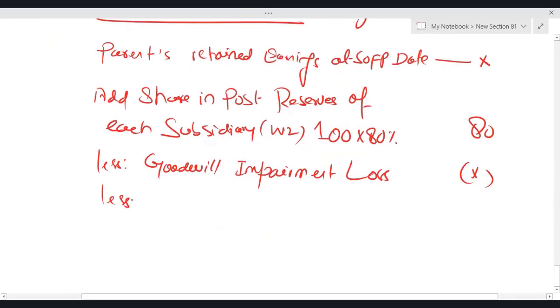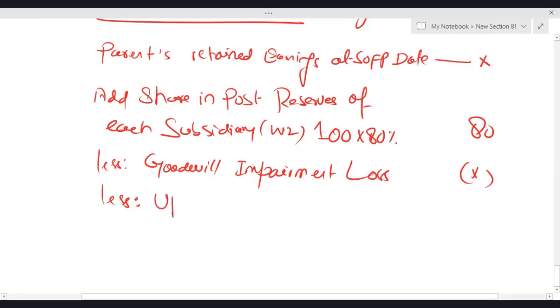Less unrealized profit. Now, it is possible that during the year, after acquisition, there were intra-group transactions, and let's say the parent was the seller. If the parent is the seller, then unrealized profit will be deducted from here.